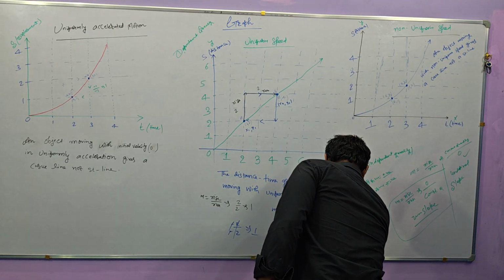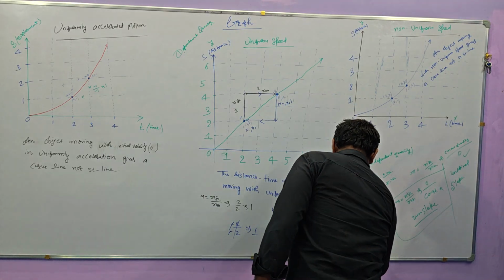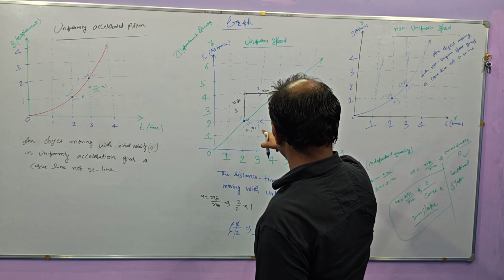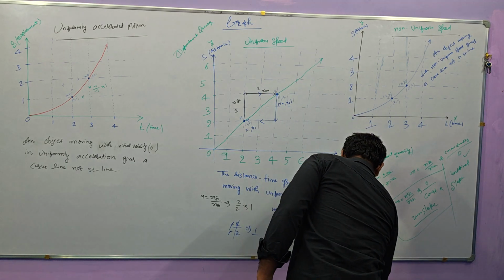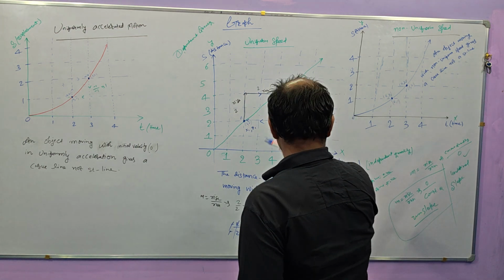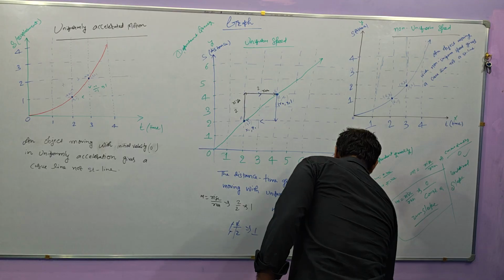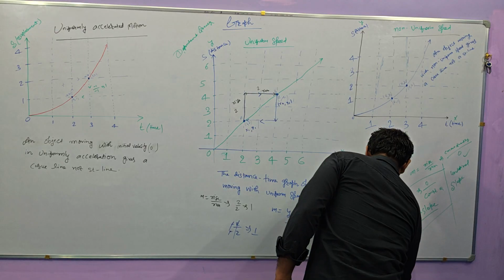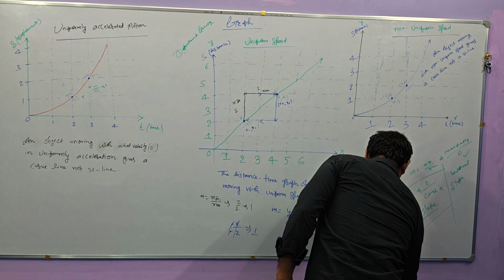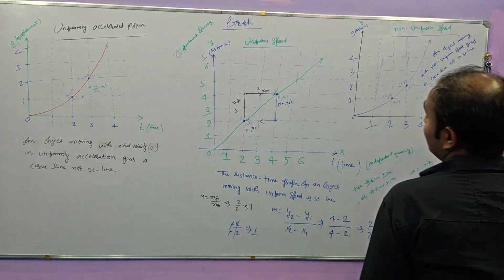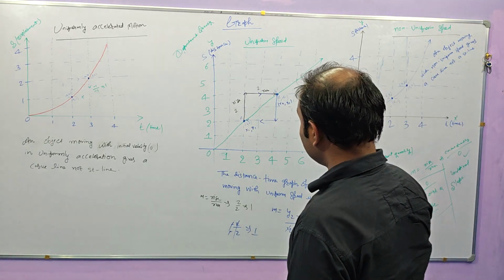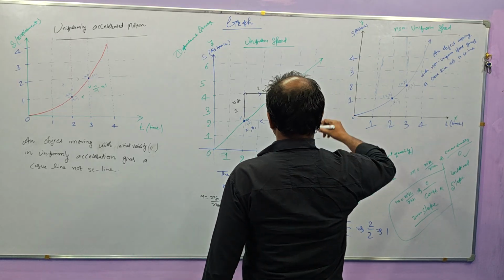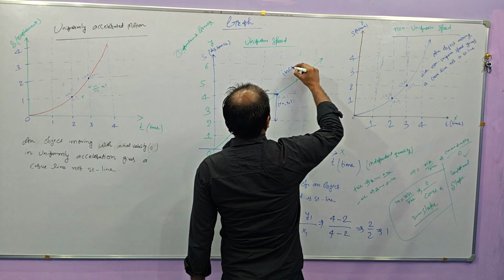Now we put y2 is 4 minus y1 is 2, 4 minus 2, x2 is 4 minus x1 is 2, that becomes 2 upon 2, that becomes 1. So m is equal to 1. That is our positive slope, that denotes the graph is increasing.